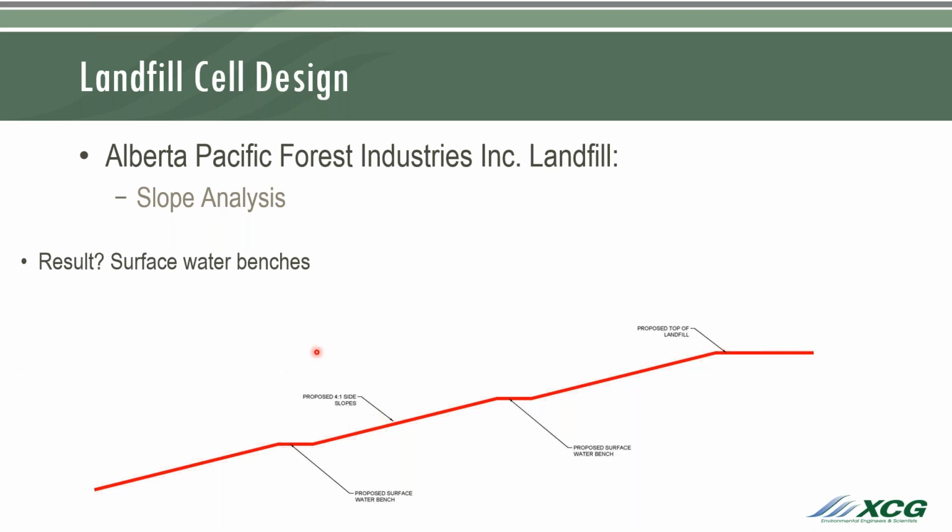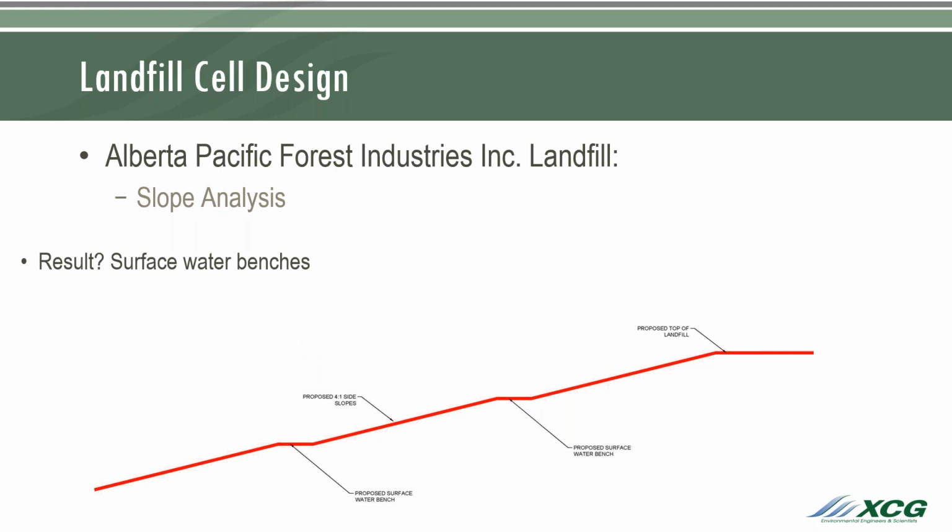So part of this analysis was looking at what the gained airspace was by going to 4-to-1 and including the benches versus staying at 5-to-1. And one of the key factors that played into it is it would have had to involve a permit application and modification.